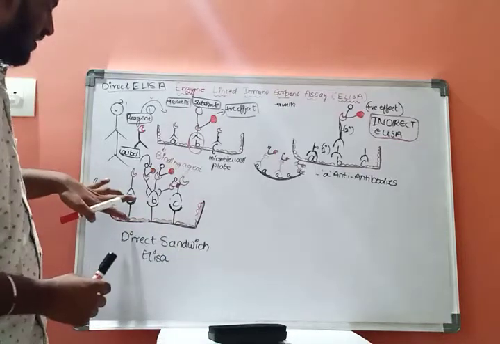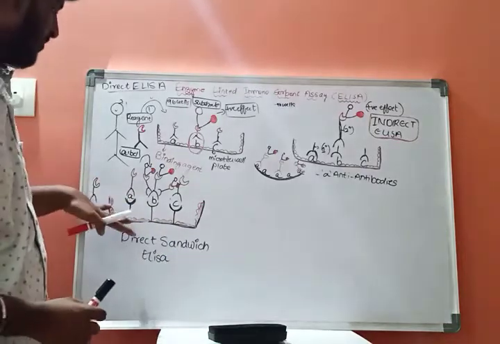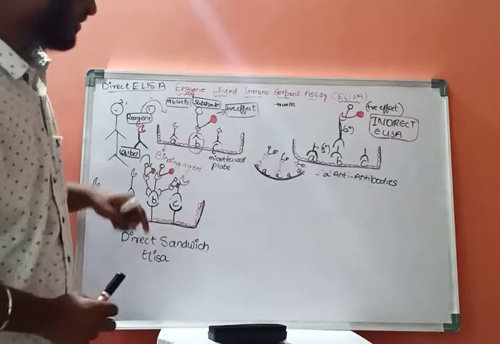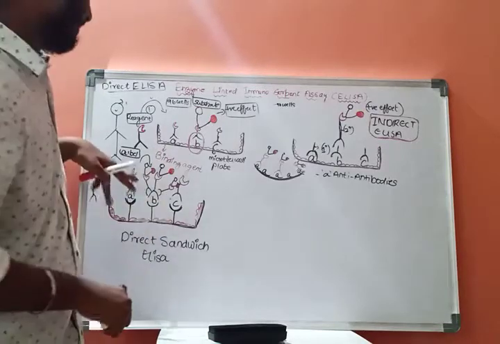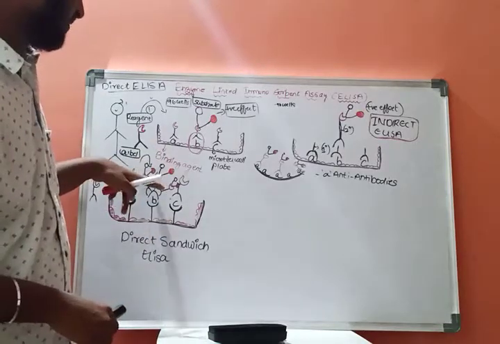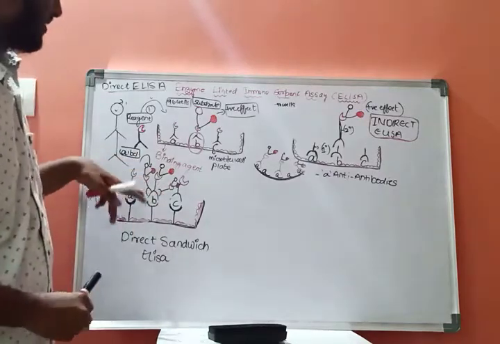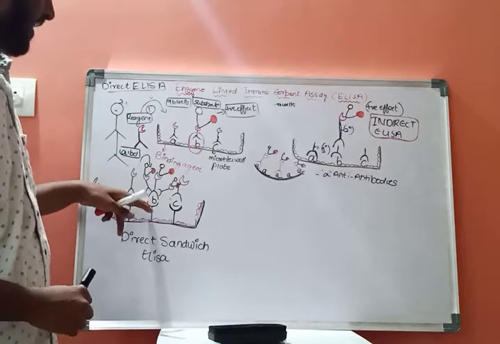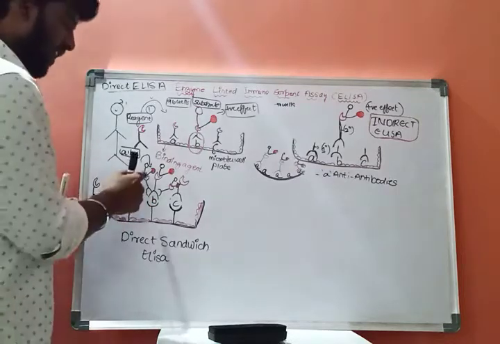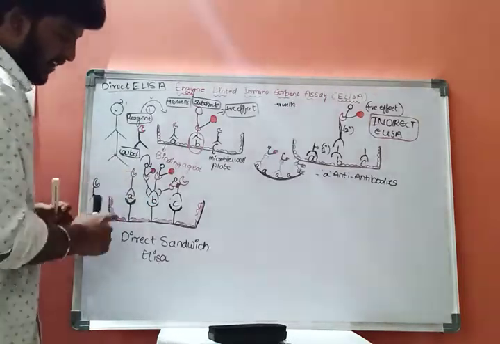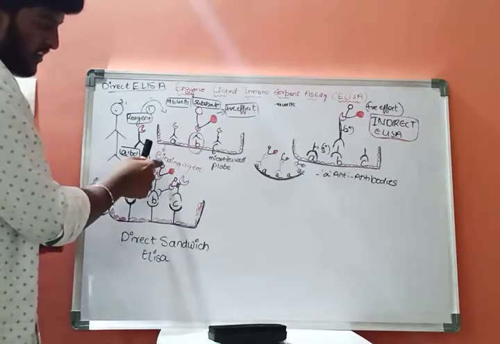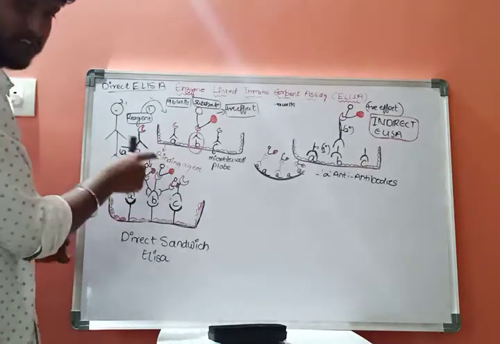After attaching of this antigen with these antibodies, it forms a specific complex. After formation of the specific complex, secondary antibodies which are linked with enzyme are added to the surface of this B type of antigens. So after addition of these secondary antibodies, the colorless substance will get converted into a colorful substance.